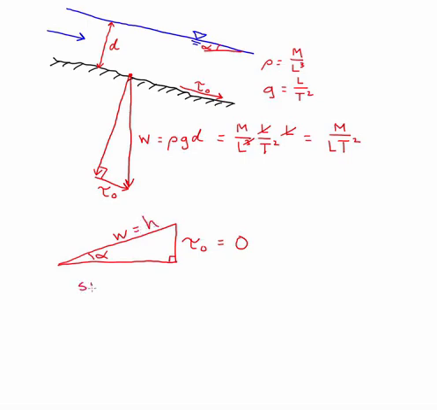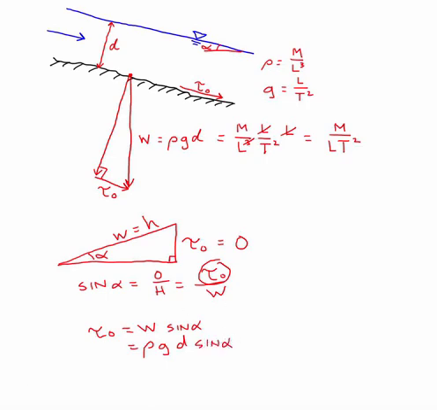So we know that the sine of alpha equals the opposite over the hypotenuse, which means it equals tau naught over the weight, right? So we just rearrange to solve for tau naught, and we get tau naught equals the weight times the sine of alpha, and expanded, that equals rho g d sine alpha, okay?